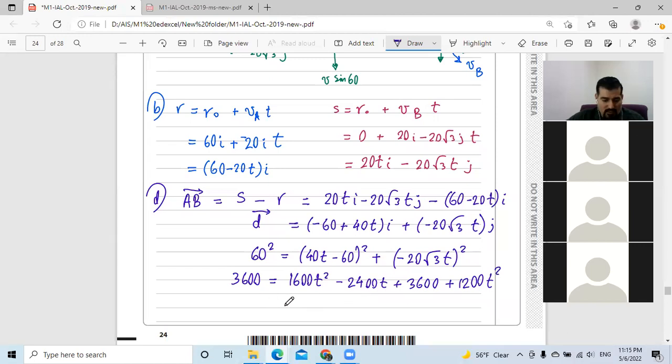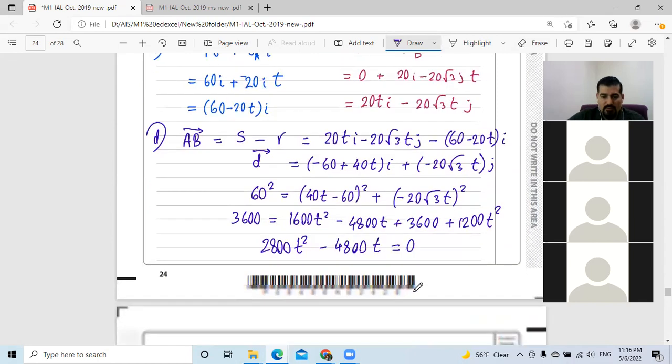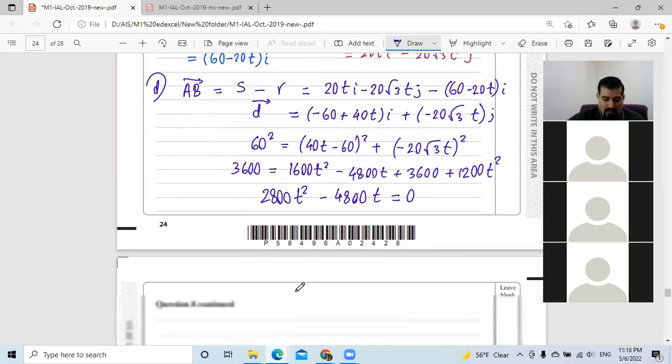Rearrange this, so I will get 2800 t squared minus... I forgot to multiply it by 2 here... so it will be 4800t. All of this is equal to 0, by taking t as a common factor.